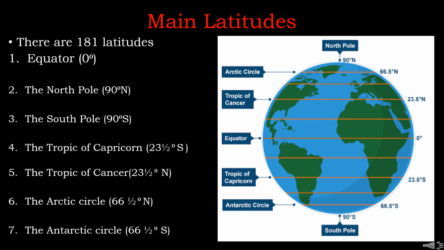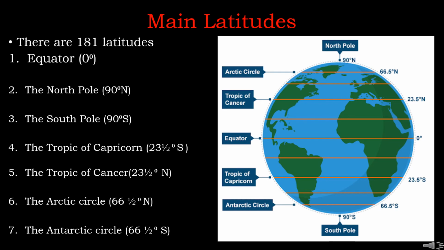The Arctic Circle represents 66.5 degree north latitude.